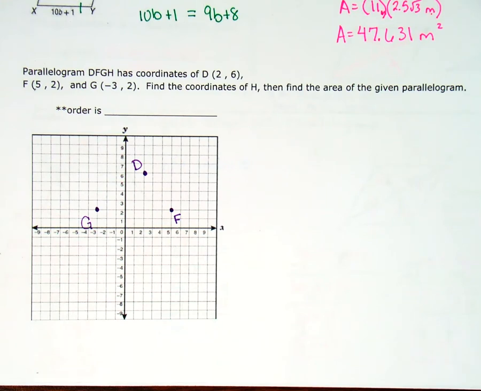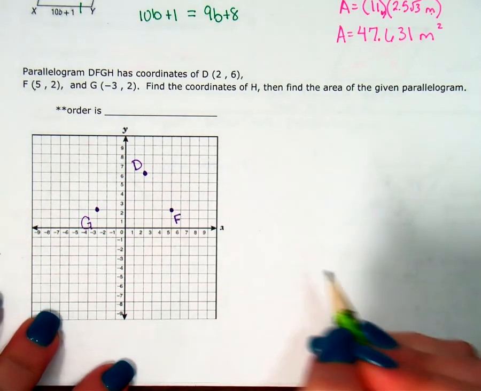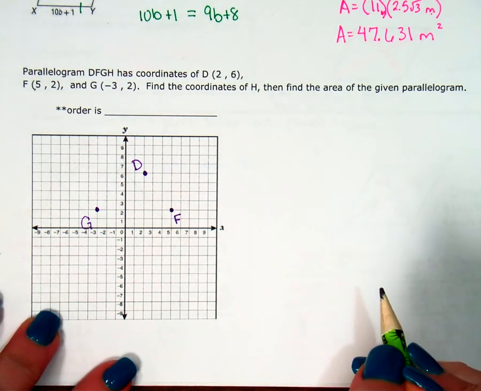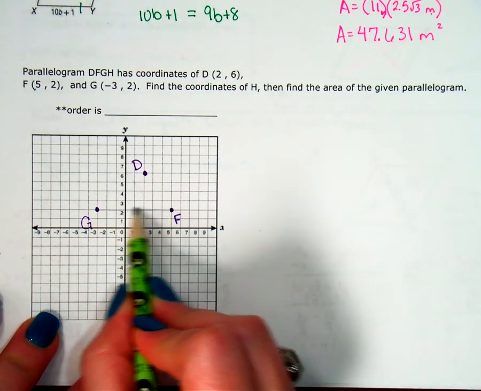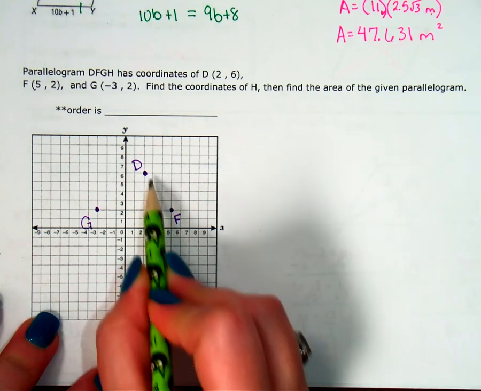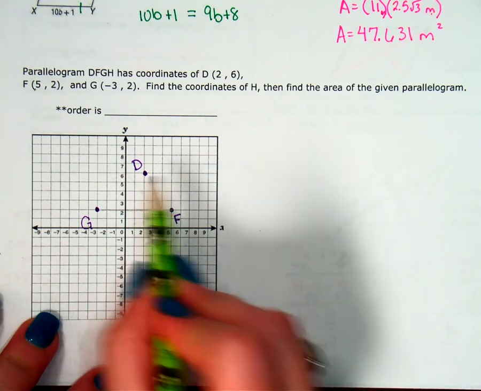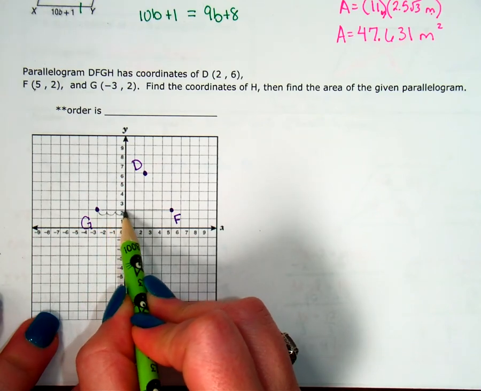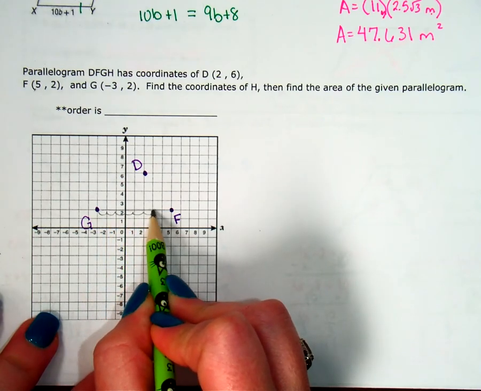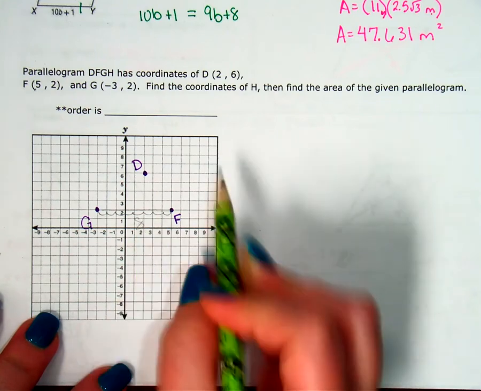When I want to make a parallelogram, there are lots of places I can put that fourth point. I just know that my opposite sides have to be congruent and parallel. The side that connects these two has to be parallel to the side across the top, and they have to be the same length. This one is 8 units long.